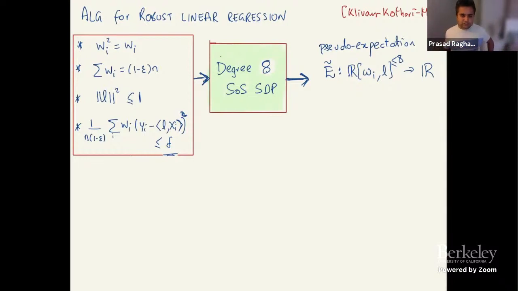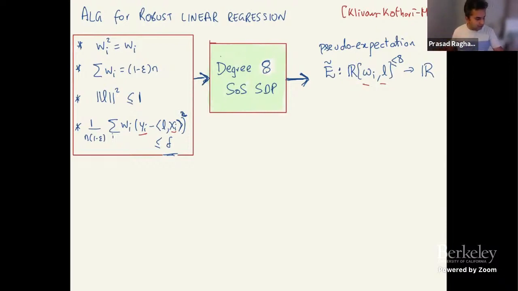The polynomials, you should remember, are in the variables wi and l. Capital Xi and little yi are actually our data points, so the algorithm has them as numbers, and of course n and epsilon are numbers too. The variables in the polynomial system are really wi and l, and you get a pseudo expectation on that.